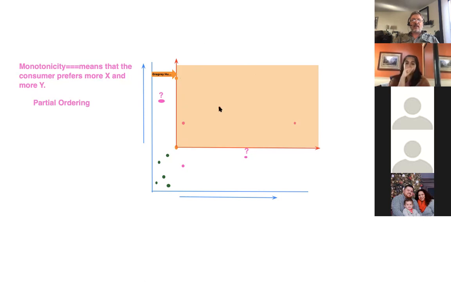If I look at this point here, I can draw another rectangle and see the preferred set for it. And obviously these preferred sets go out into infinity, but they just have this right angle where the dot anchors the region that's the rectangle that defines the strictly preferred set.